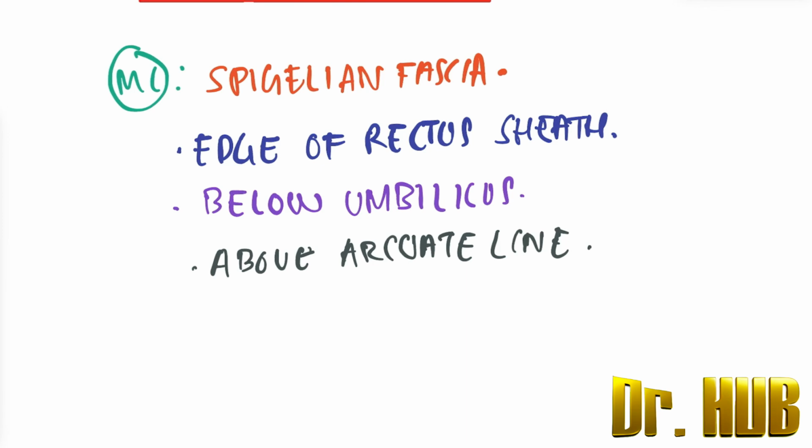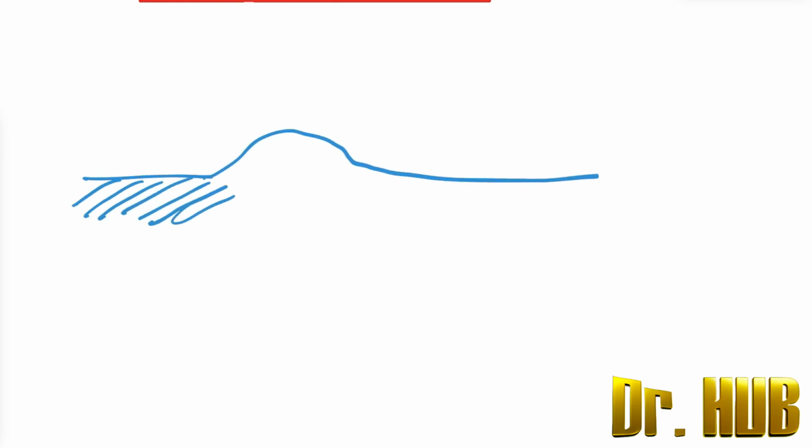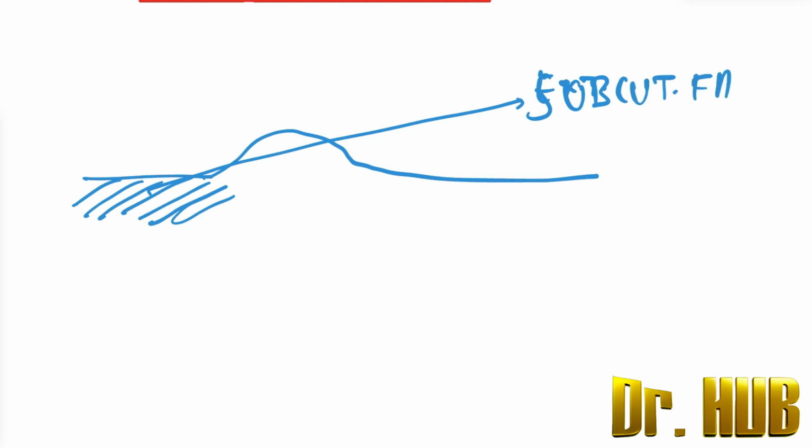Now let's look at another diagram. So we have the subcutaneous fat. Next we have the muscle layers.